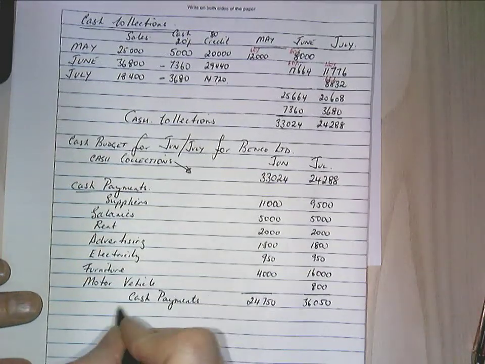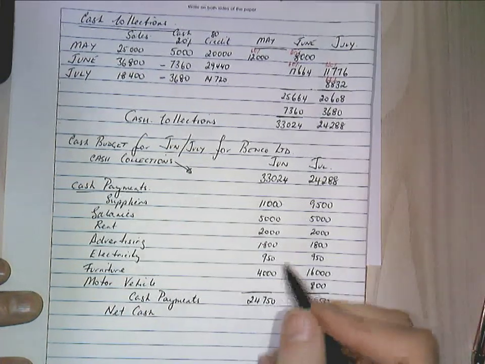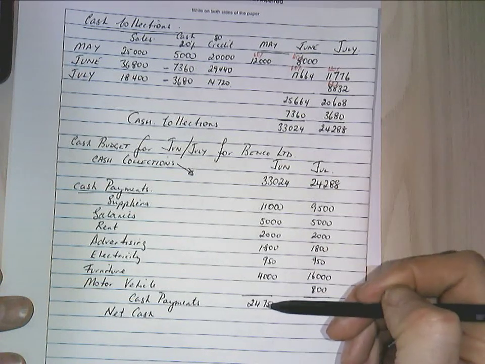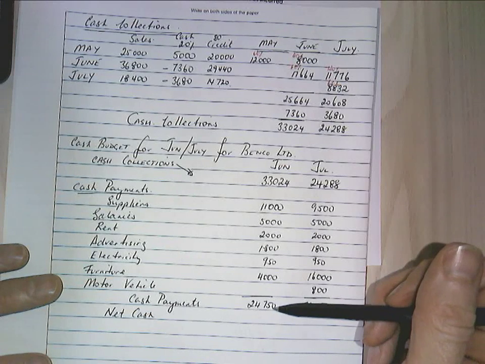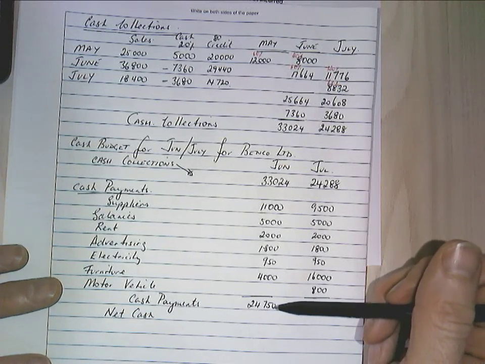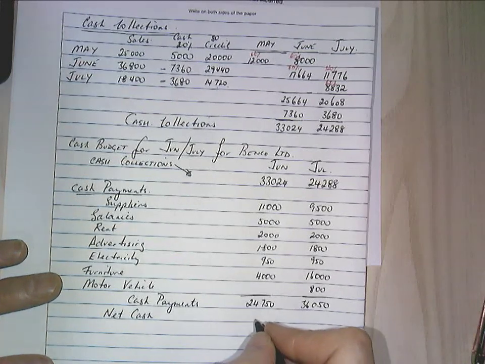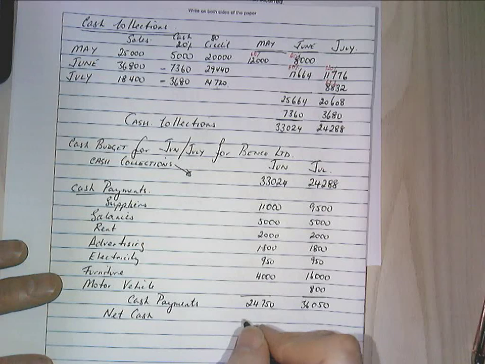So my net cash is my cash collections minus my cash payments. So I've got 33,024 less 24,750 will make 8,274.